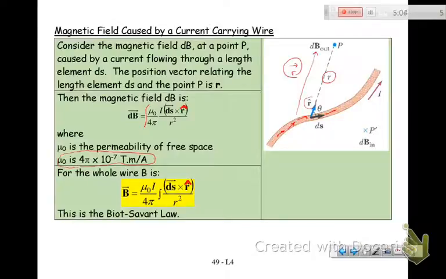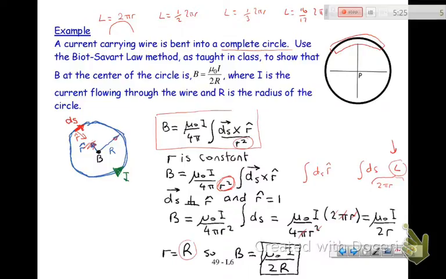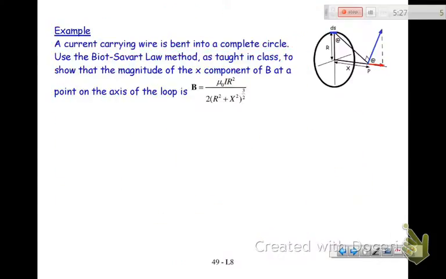That is r hat, not r with an arrow on top. They are very different things. R with an arrow on top is that guy, and r hat is that guy. And we're dealing with r hat on this. So there we have it. So watch out for that. I'm sorry about that. That's me.